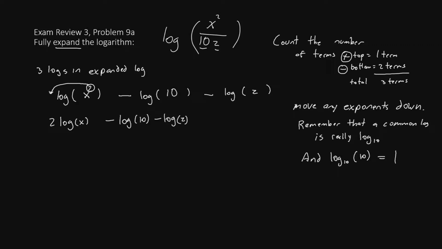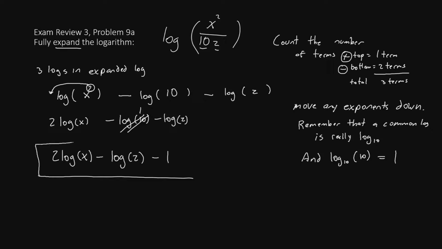So we can say this log base 10 is really just 1. So the fully expanded version of this log will be 2 log x minus log z minus 1. And that is how we fully expand a logarithm.